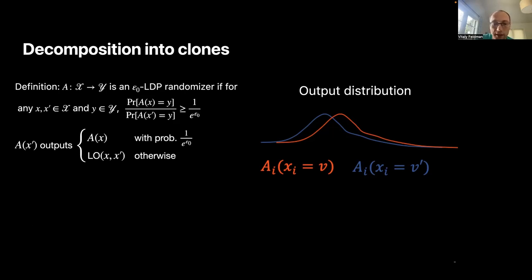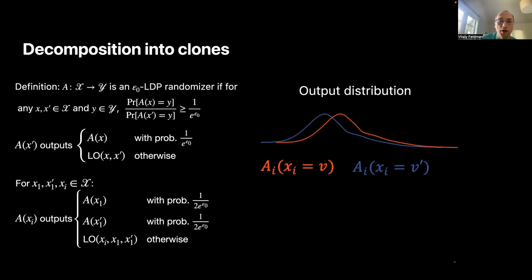We'll take an extra step, basically applying the same argument twice, specifically to x1 and x1 prime, the 2 different first elements, and any xi from the crowd. We can think of the output of xi from the crowd as pretending to be the first element in the first data set with probability 1 over 2 e to the epsilon 0. We dedicate that much of the density to pretending to be the output of the same randomizer on the first element in the second data set, with the same probability, or being some kind of leftover.